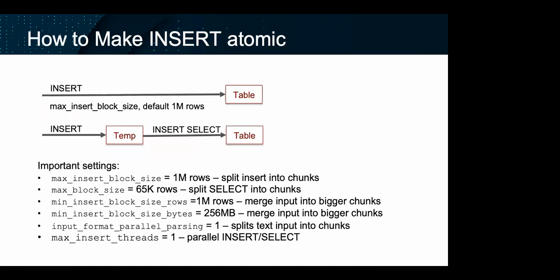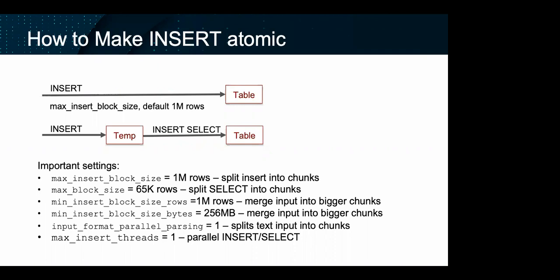So how can we make an insert write a single part? First, if you insert using ClickHouse client, then the insert block is controlled by the max_insert_block_size parameter, which defaults to 1 million rows. That means ClickHouse will split data into parts of 1 million rows.